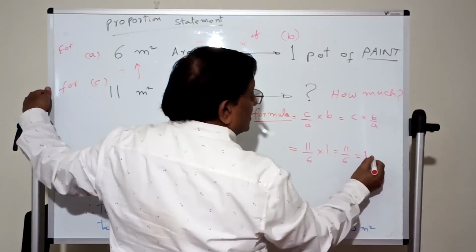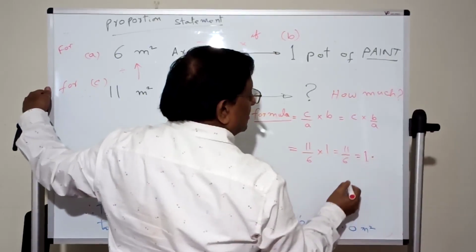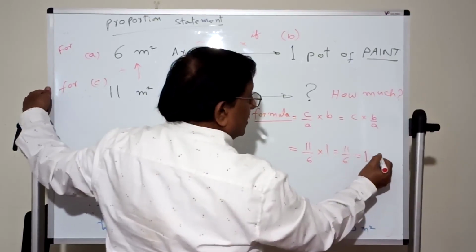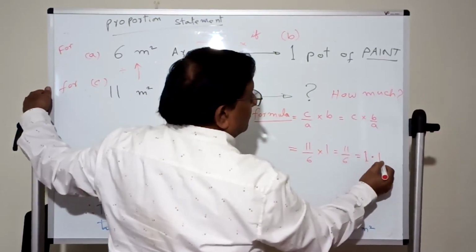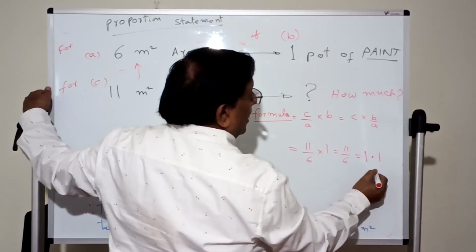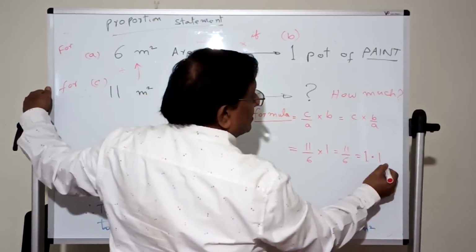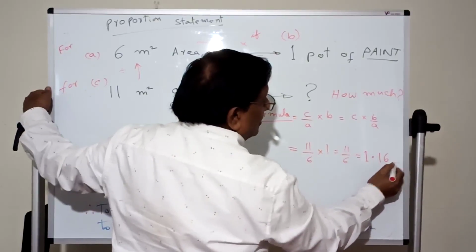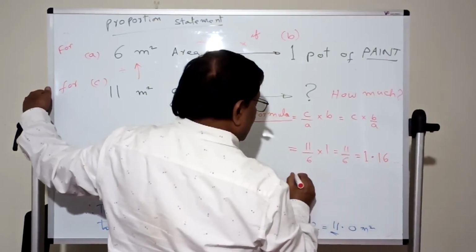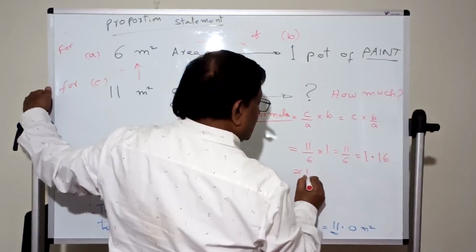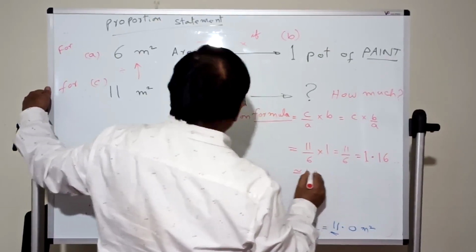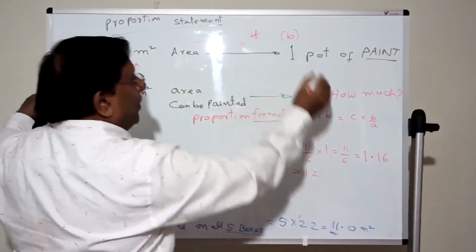Then you put the decimal mark. 6 goes in 10 again one time, and 4 remains. 6 times 6 is 36. That way it goes on. Approximately, it is 1.2 parts.